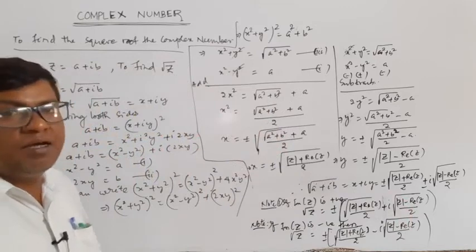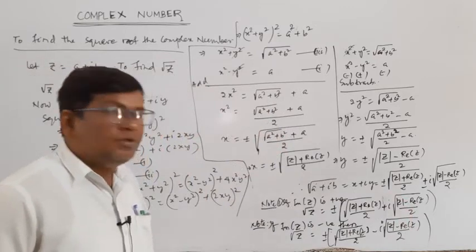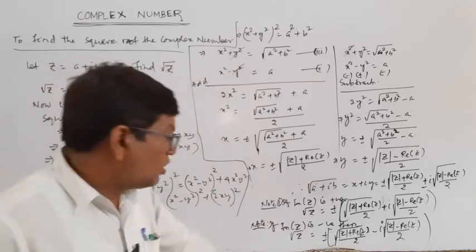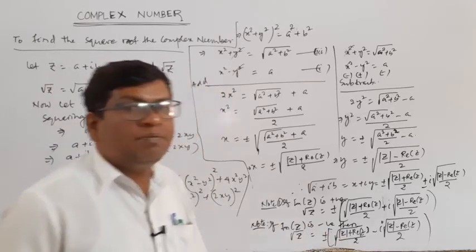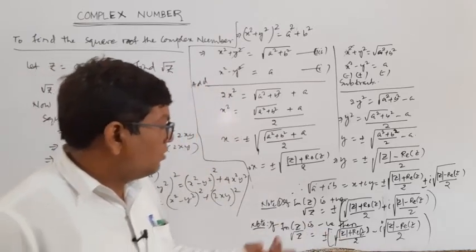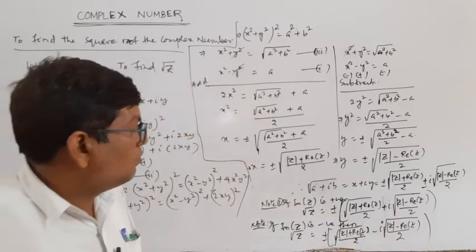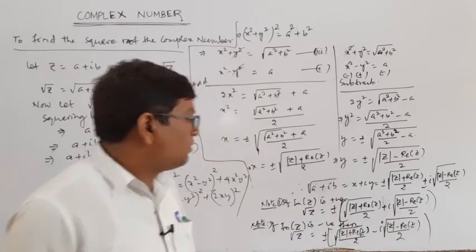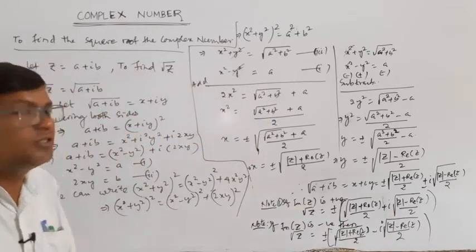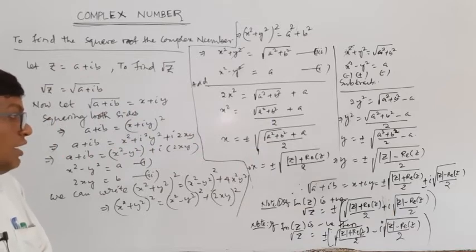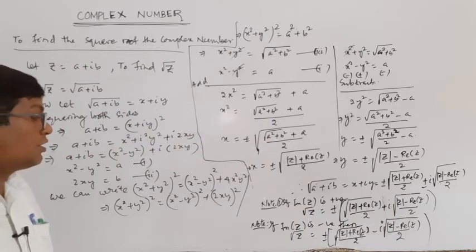If the imaginary part of z is negative, then root z is equal to plus or minus square root of mod z plus real part of z whole divided by 2, minus sign, very important, minus i into square root of mod z minus real part of z by 2. This is the procedure to find the square root of a complex number.